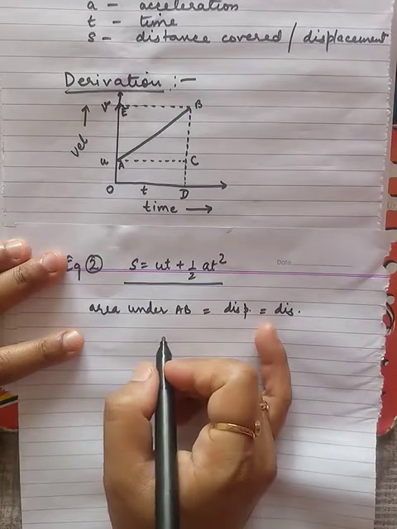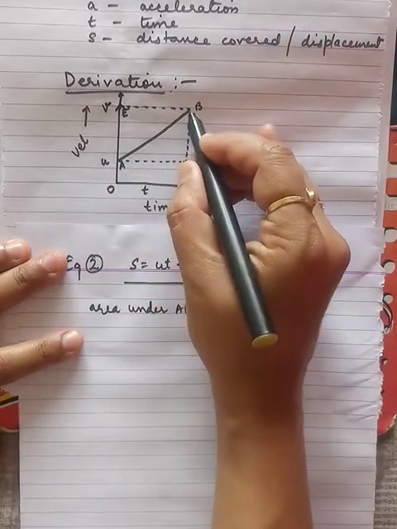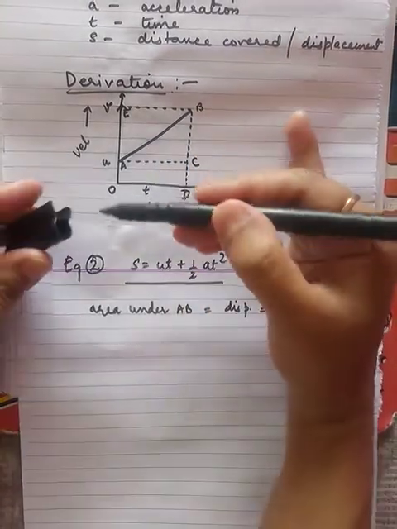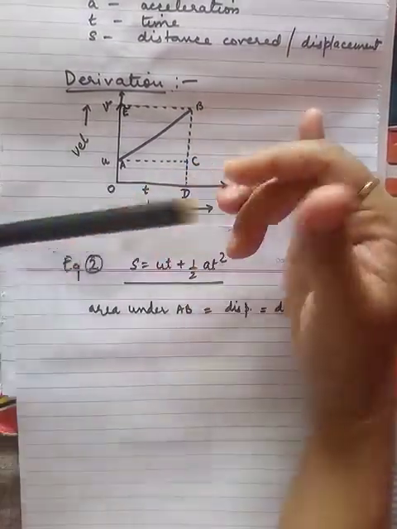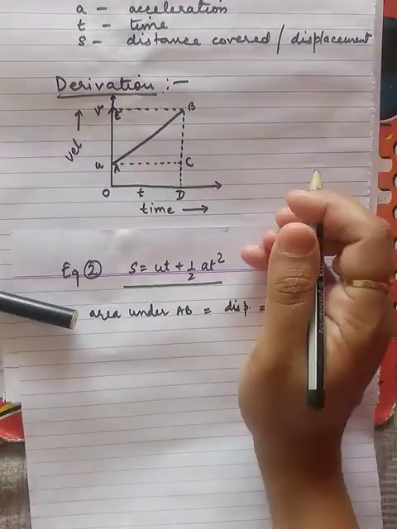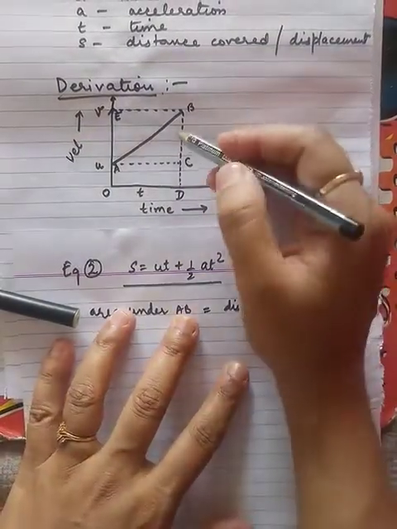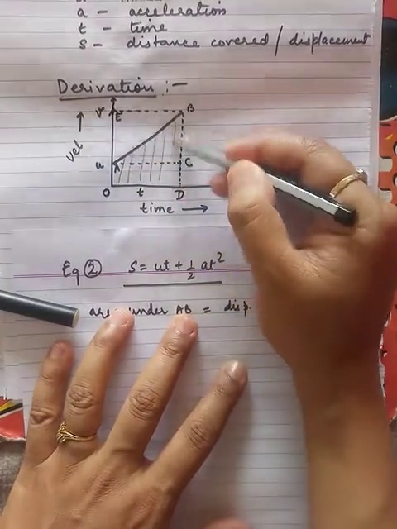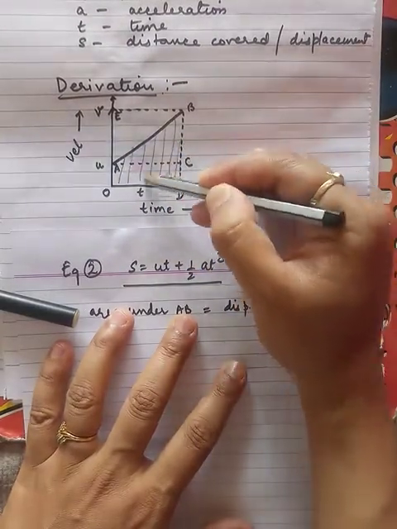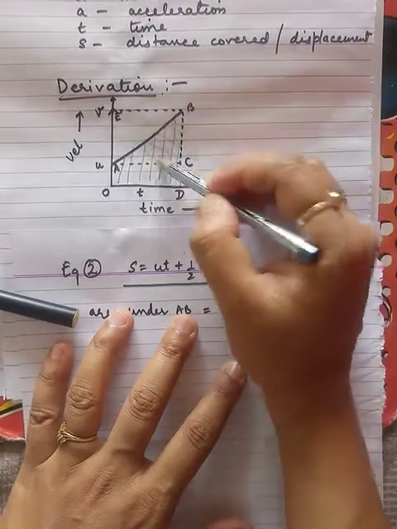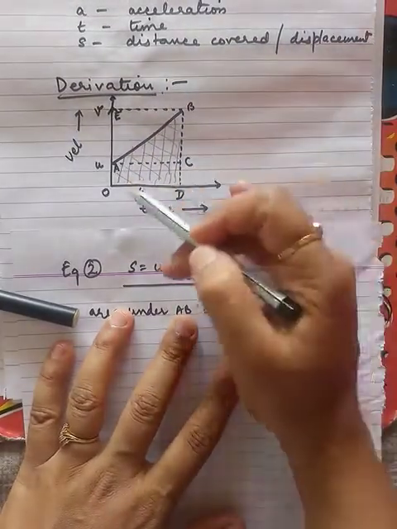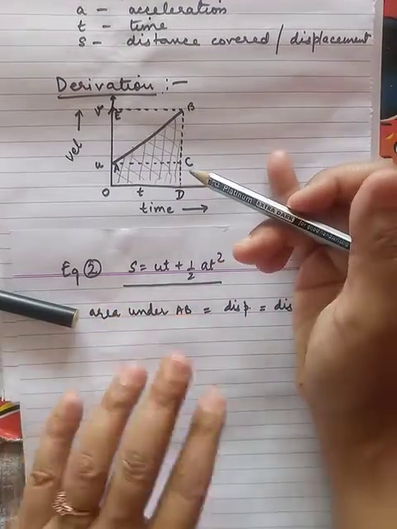What is the graph? The graph is AB, and what is the area under this graph? Area under this graph, I will shade it with the pencil, is this one. This is the area under the graph, right? So this area I have to find out in this case.